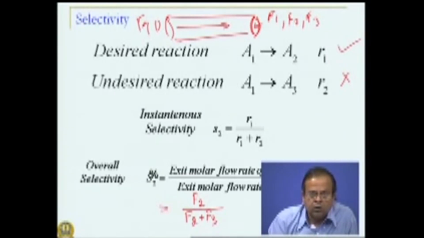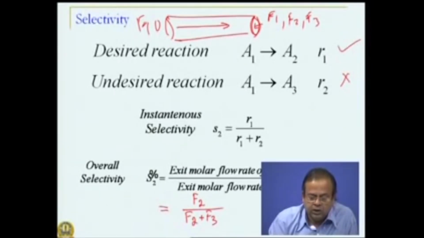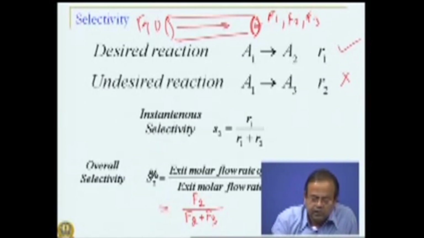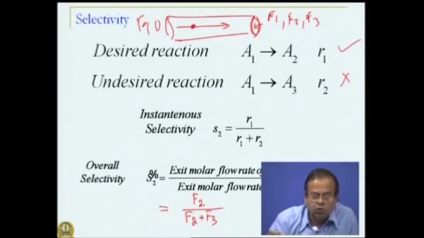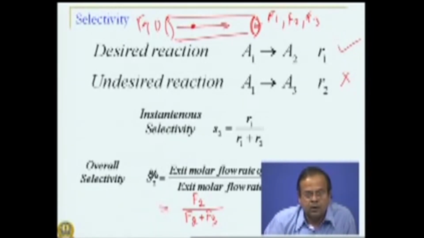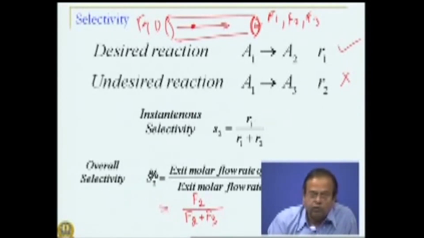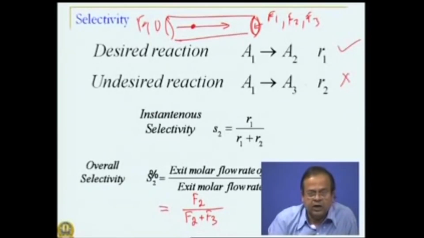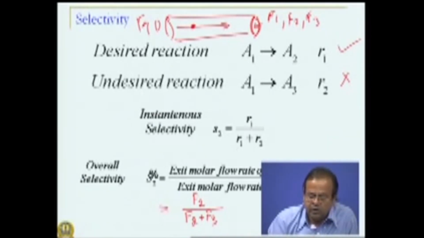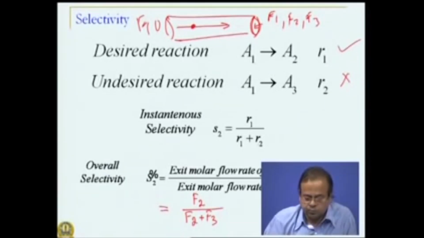So, we can now define what we call instantaneous selectivity, that is selectivity at any given location in this reactor. That will be the rate of the desired reaction, that is the first reaction, to the rate of both desired and undesired reaction, R1 plus R2.